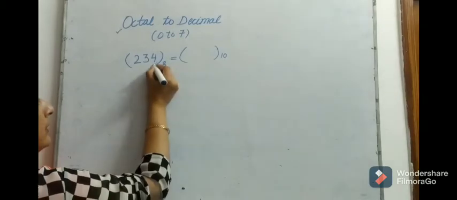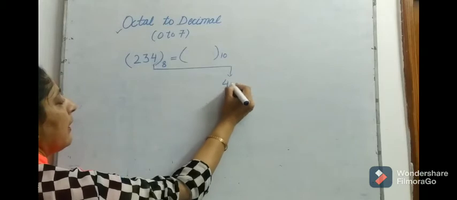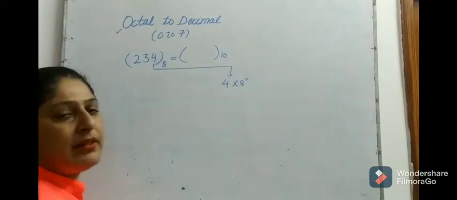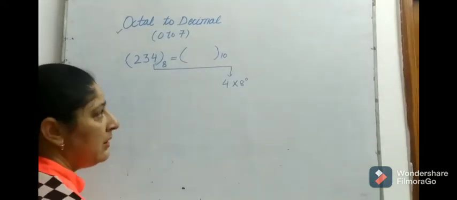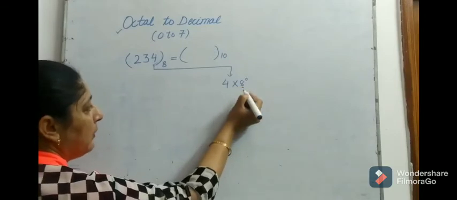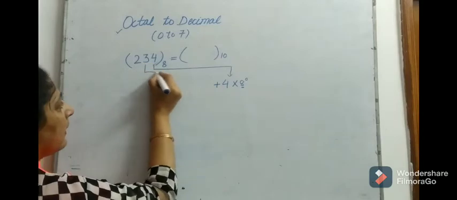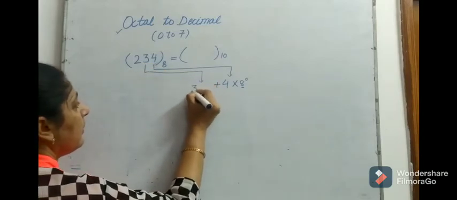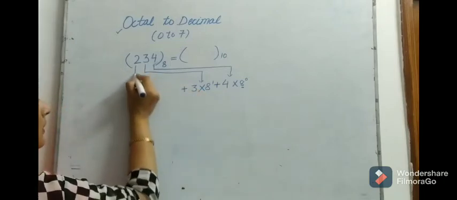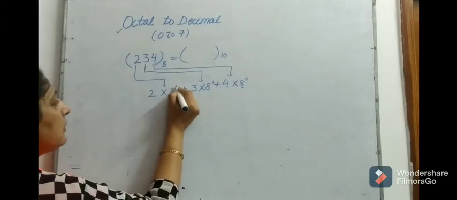I will pick up the least significant digit, the LSD, and multiply it by 8 to the power 0. In the case of binary, we were multiplying with 2 to the power 0 since the base was 2, but now my base is 8. So we begin with 4 times 8 to the power 0, plus 3 into 8 to the power 1, plus 2 into 8 to the power 2.